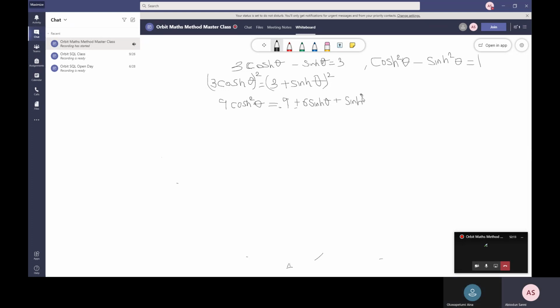Looking at it this way, the only way to convert this to all cos or all sin is that I already have sin theta and sin squared theta. To relieve the stress, you just convert this one to sin, which is this cos squared theta. From my identity here, cos squared theta is going to be 1 plus sin squared theta.